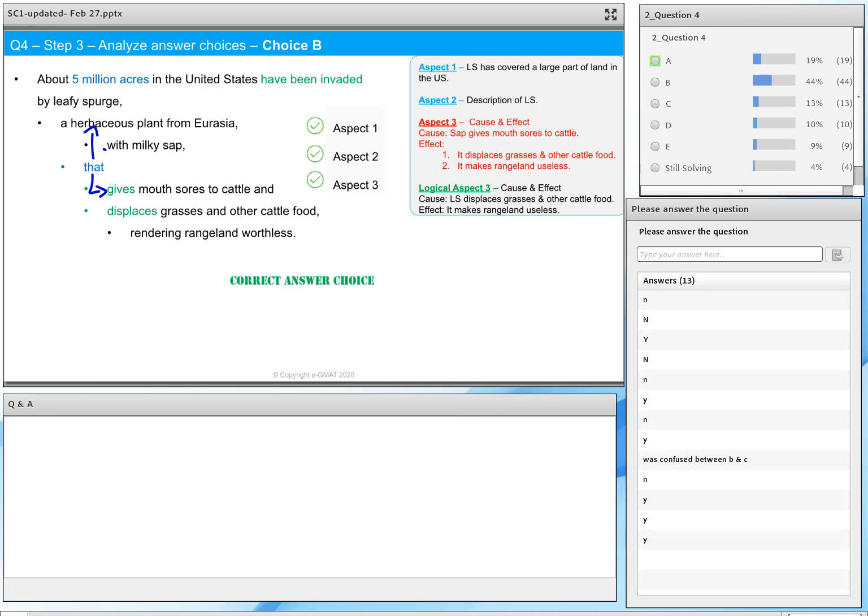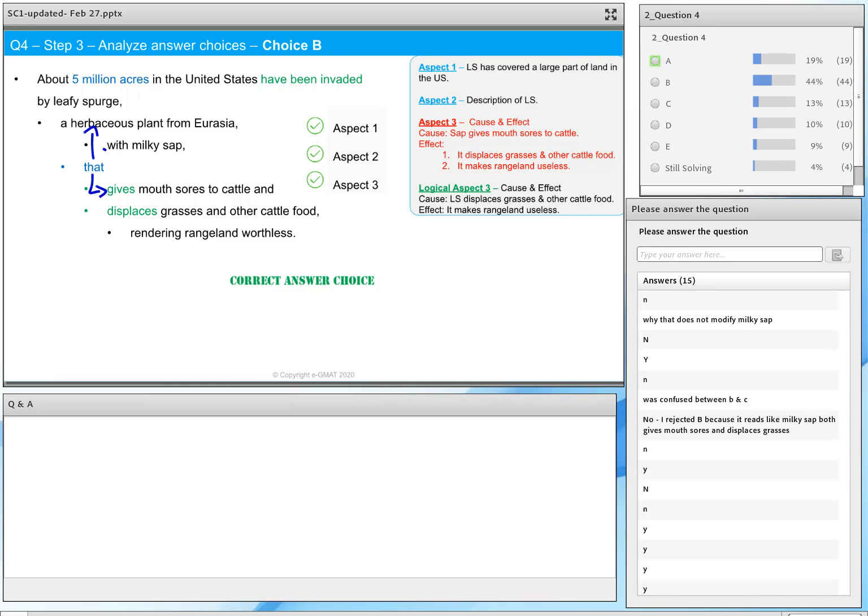So when the cattle are eating the leafy spurge, the milky sap is getting excreted, and that's how they are getting the mouth sores. It's not that they are eating leafy spurge and licking the milky sap from somewhere else. No. So it is one and the same to say that the sap in the leafy spurge gives mouth sores or the leafy spurge gives mouth sores. Okay, does this make sense?